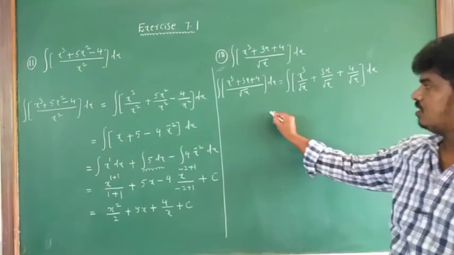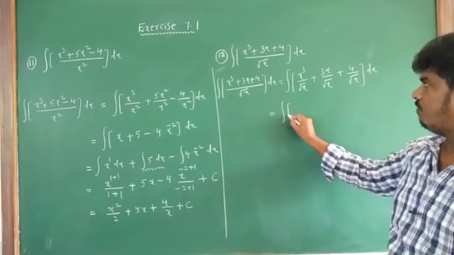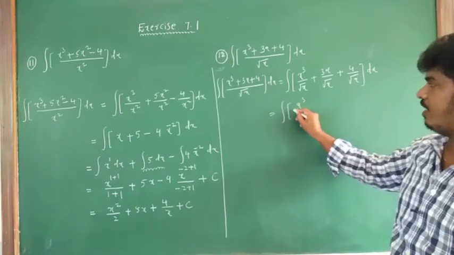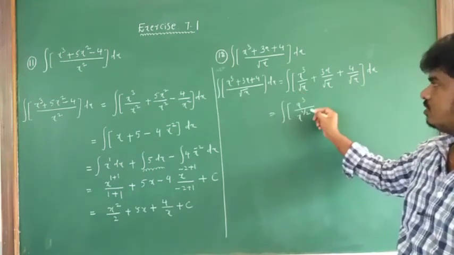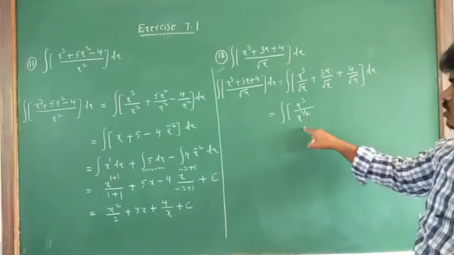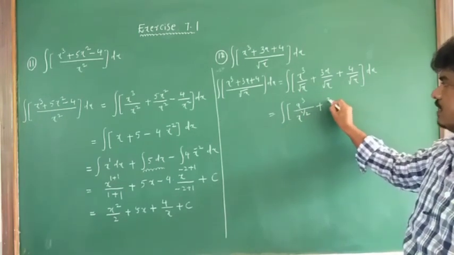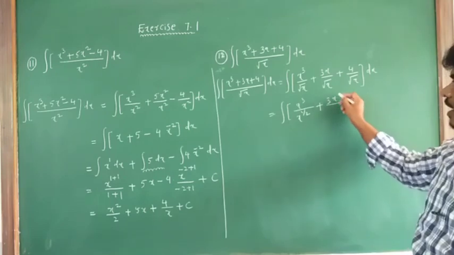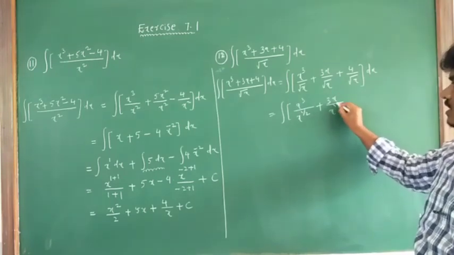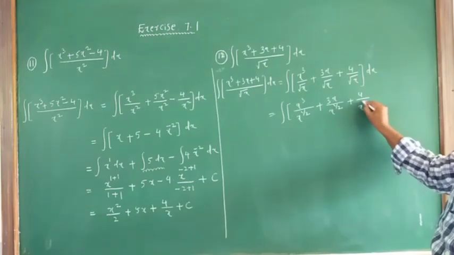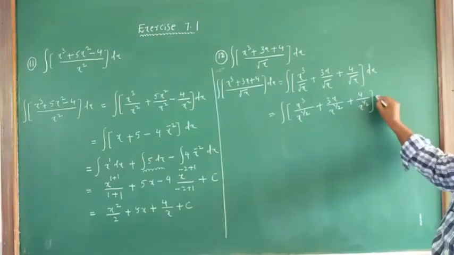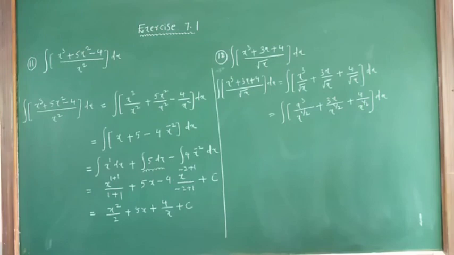Here this is equal to the integral of x cube divided by root x, that is x to the power of 1 by 2 in the denominator, since the square root of x is x to the power of 1 by 2, plus 3x divided by the square root of x, that is x to the power of 1 by 2, plus 4 divided by x to the power of 1 by 2.